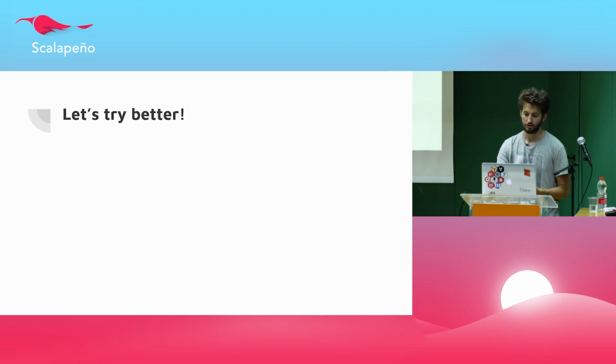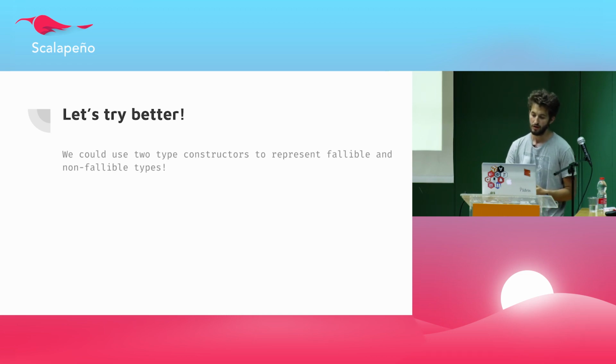Maybe we should. So let's try something better. The first idea I came up with was to use two different type constructors. So we could have one that represents what we have right now, types that can fail, right? So the F of A can usually fail if it's a monad error. But we could also have another type that doesn't have a MonadError instance, but just a Monad instance, and it is completely non-fallible.